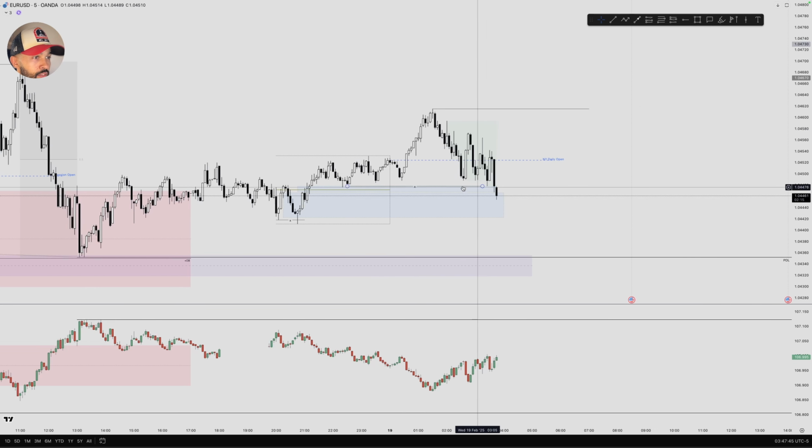And if price was to mitigate this zone here and turn around, then I would be looking for the M5 structure here to be broken. So let's say we found some support here, price gave us a nice low test candle, left behind this bearish order block, right?